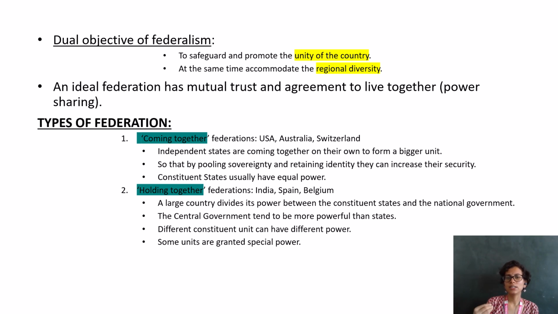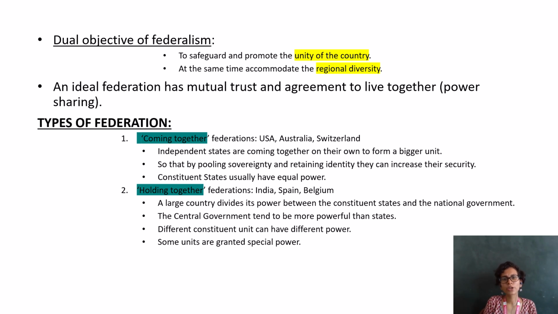In such cases, like in India, as we formed a new country just after our independence, obviously the state government has its own power, but the central government enjoys slightly more power than the state government, because it was felt that in order to unify and take it forward as a new nation, the central government should have a little more power.